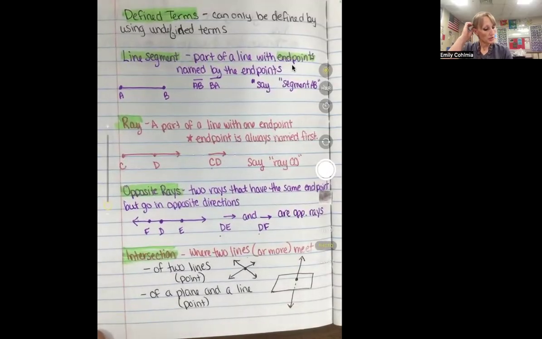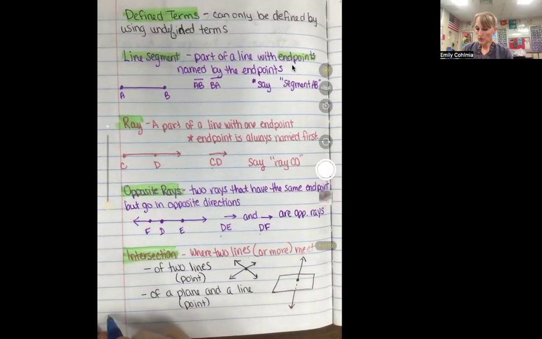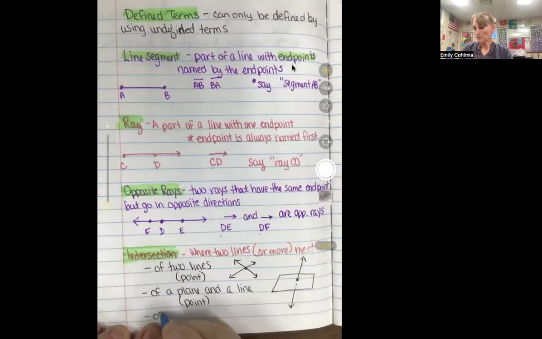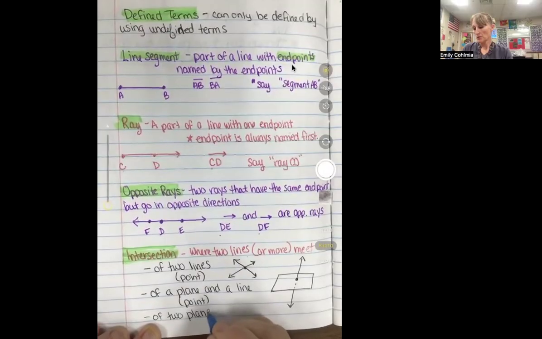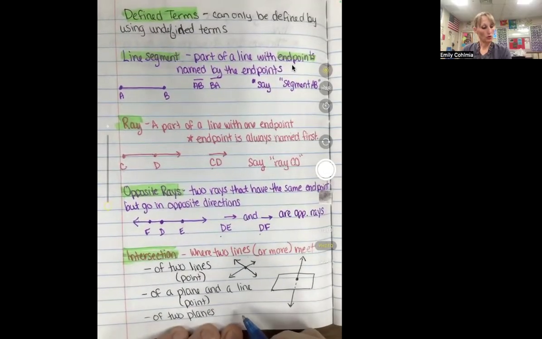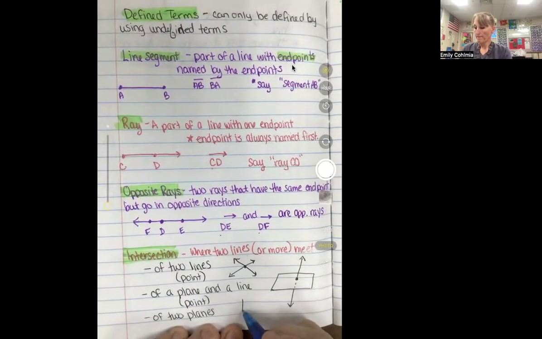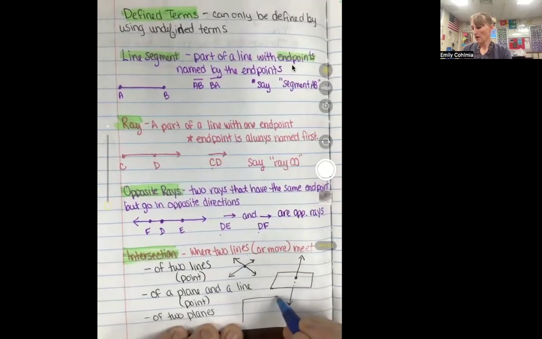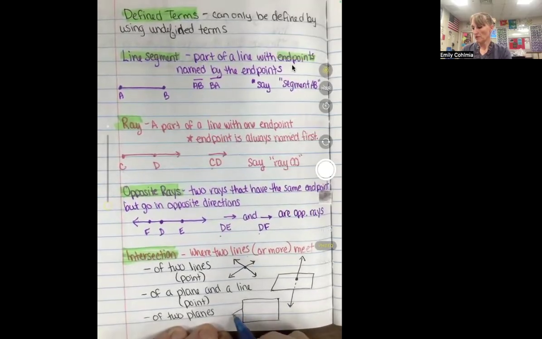And then the last one is the tricky one to draw. So this one is of two planes. So we're essentially going to have a plane that goes this way, and then we're going to have another plane that goes this way. This, of course, is behind, so you don't see it.